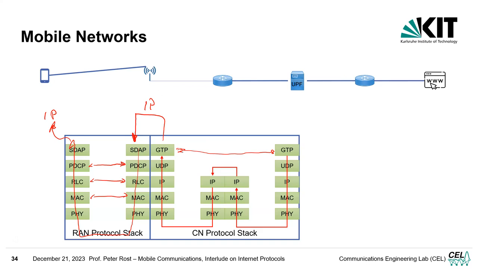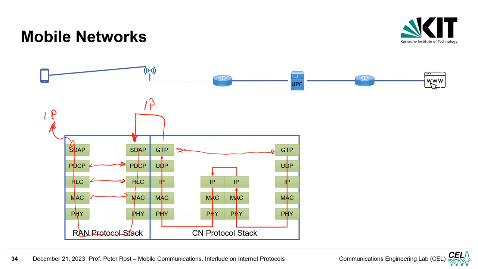So if you have your WhatsApp, for instance, or your web browser on your mobile phone, the application itself does not need to know whether you're connected through a Wi-Fi connection or a mobile communication connection. Because you just get an IP packet, and whatever happens below, on layer 2 and layer 1, is irrelevant for the application above.